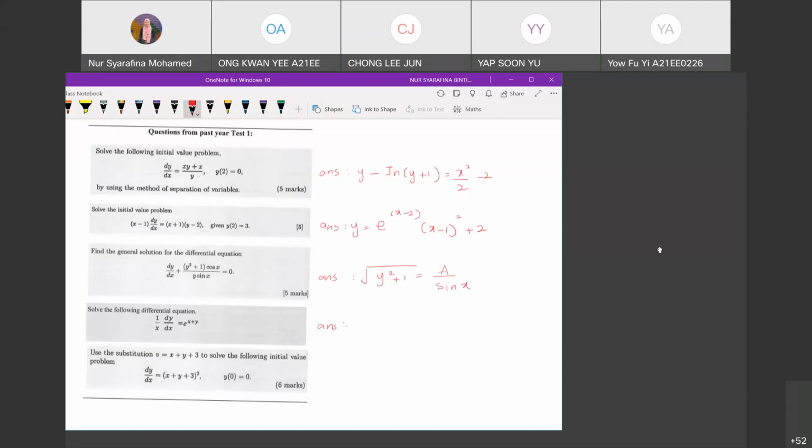The fourth one should be, okay, you can separate, you can simplify this one. And the last one, okay, so this is for separable equation.